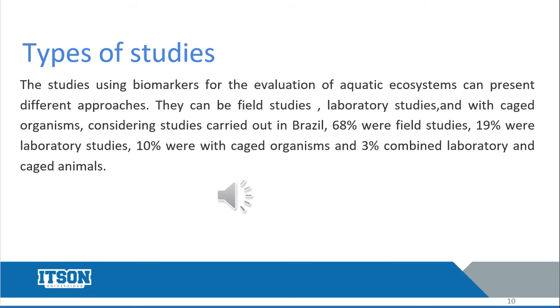The types of study in which you can use the biomarkers. The studies using biomarkers for the evaluation of aquatic ecosystems can present different approaches. They can be field studies, laboratory studies, and studies with caged organisms.